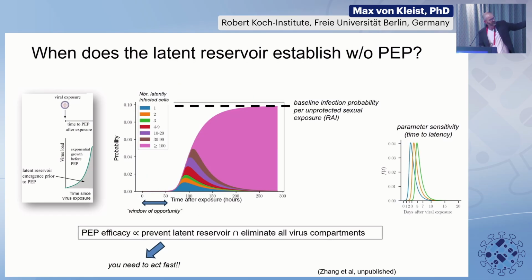If we let the model run without any drugs, we see that this latent reservoir would normally establish approximately 50 hours post-exposure. So here we start to lose our momentum, and any PEP has to act before that. There's also some sensitivity with parameter estimates, but this is the first thing. So PEP has to be initiated early so that the infection is not yet irreversible.